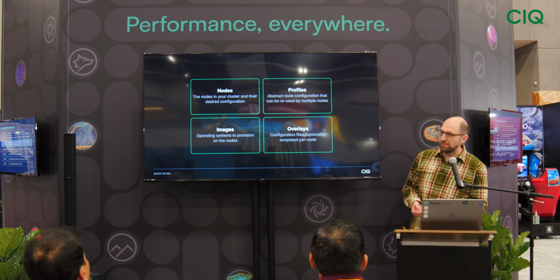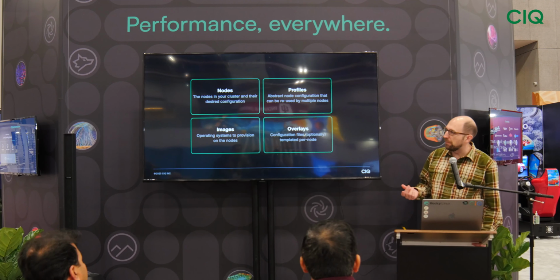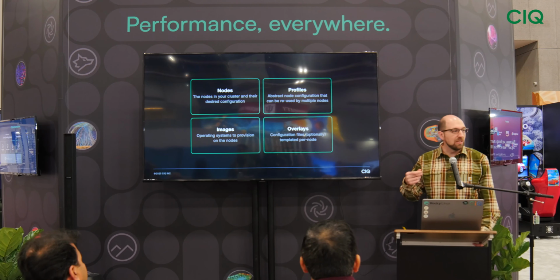So the image can be as small as several hundred megabytes to as large as several dozen gigabytes, which is not a great situation, but some people find their way there. You don't want to have a copy of that image for every single node, because then it gets even bigger. So the overlays are either static configuration files that you want added to your node, or templated configuration files, and those templates are executed for each node individually.